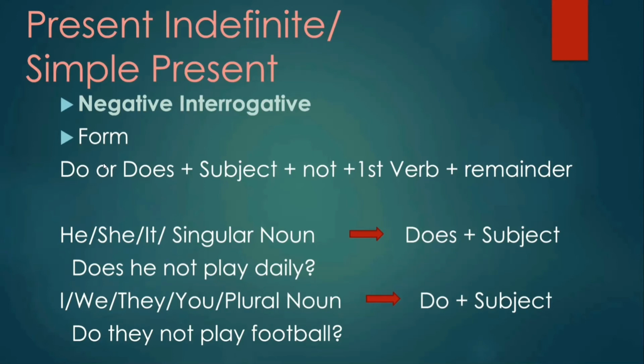Question mark. Does plus subject, which is he, plus not plus first verb, which is play, plus remainder. For I, we, they, you or plural noun, we use do plus subject. For example, do they not play football? Do plus subject, they plus not plus first verb, play is first verb, plus remainder.